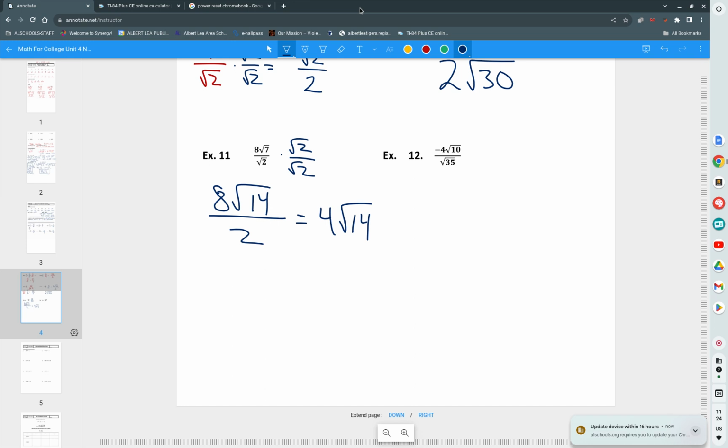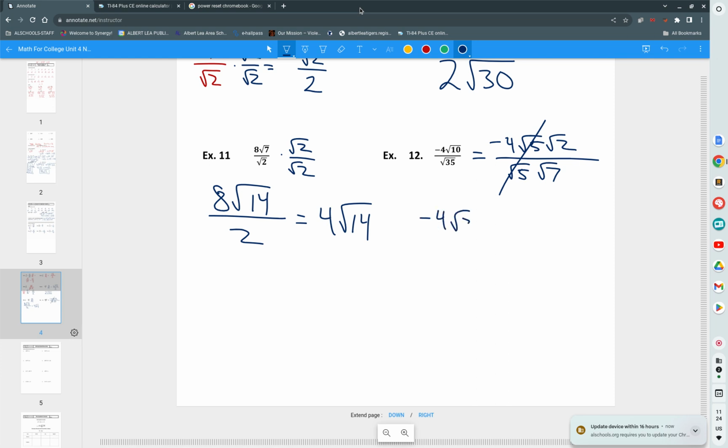What's a number that divides evenly into both the 10 and 35? So what I'm going to do is divide that 5 out. I'm going to write negative 4 times the root of 5 times the root of 2, over, and in the bottom I'm going to write the root of 5 times the root of 7. So this is a way for me to avoid working with that square root of 350. I notice that the 5's reduce, and I'm left with a new problem.